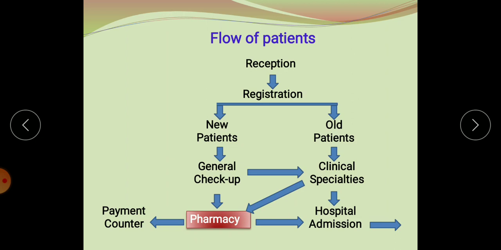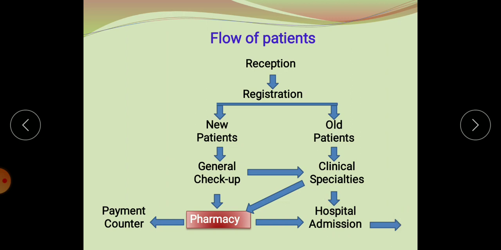The third flow is, the diseased person comes to the reception and registration, the new patients are there, they come for general checkup, clinical specialities. From the clinical specialities, they are advised to be admitted to the hospital for any critical illness. So after the clinical specialities, they are admitted within the hospital and go to the inpatient department.